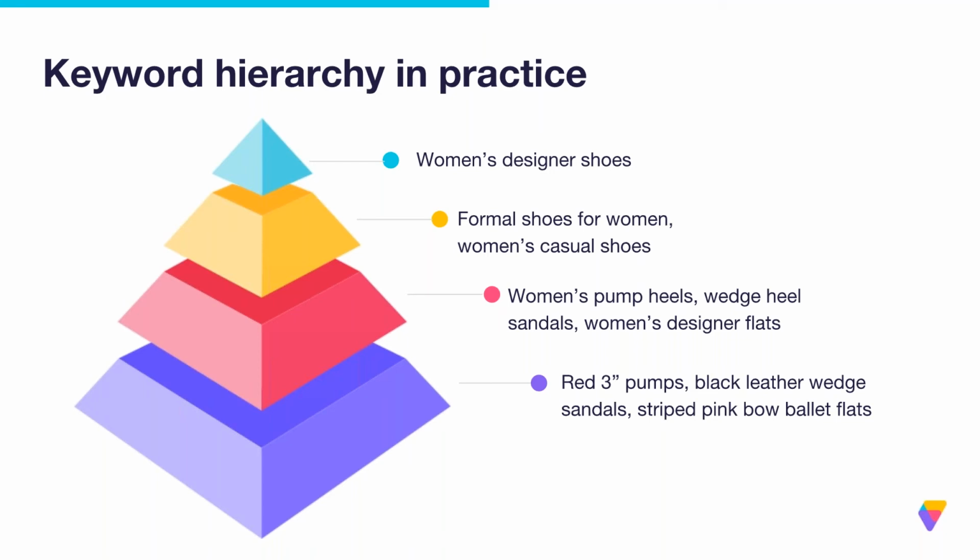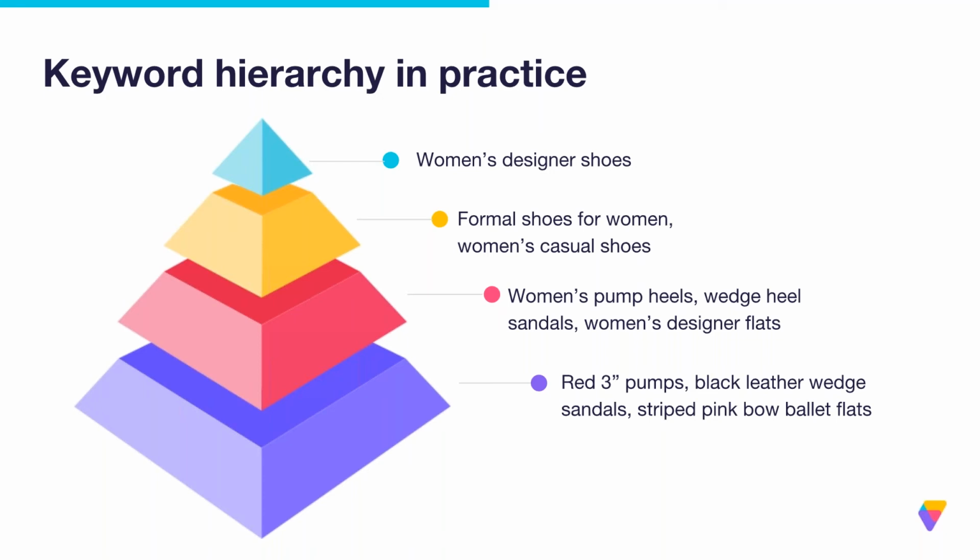Now, if we get even a little bit more specific and move into the red section, which could be subcategories of your website, we can see we're getting even more specific in terms of what kind of designer shoes we're talking about. Maybe people are searching for women's pump heels or designer flats. Now, the bulk of our keywords and where a lot of this structure lies is in the foundation represented here in the purple, and that represents your product pages.